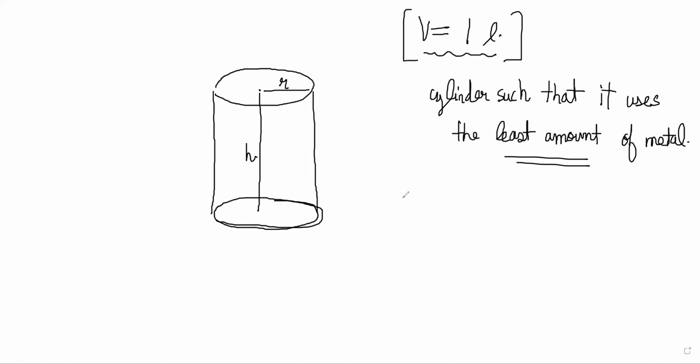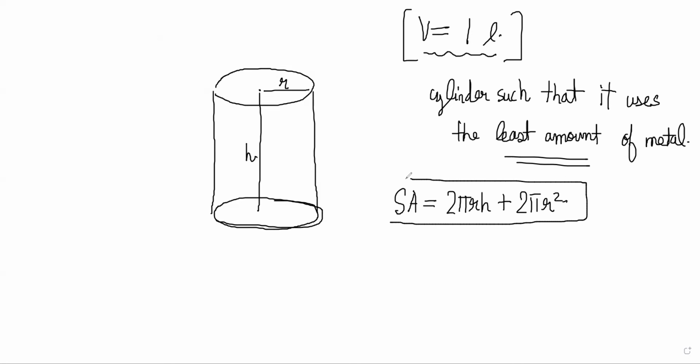The metal that will be used will be the surface area of the cylinder, right? What is the total surface area of the cylinder? 2 pi R H, plus 2 pi R square. Correct. That is the total surface area of the cylinder.